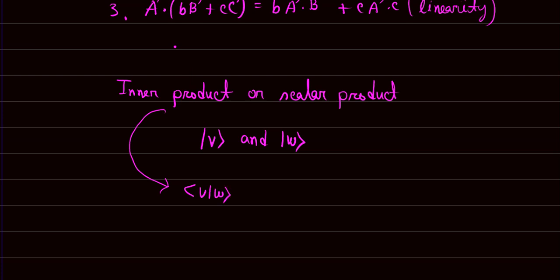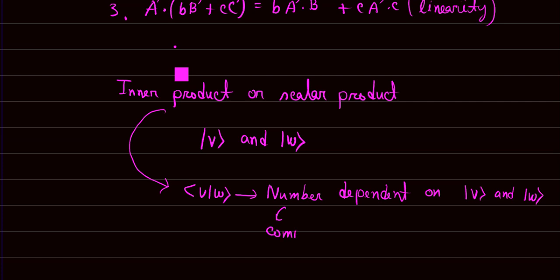This symbol tells us we are taking the dot product or inner product between the v vector and the w vector, and this will give us a number dependent on the v and w vectors. We have to remember that this number can be a complex number.